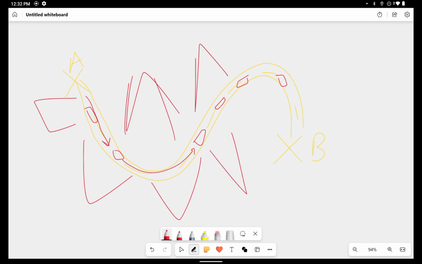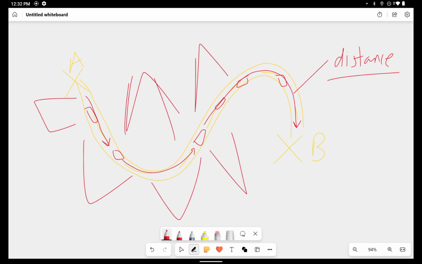This will be defined as the car's distance. The distance from A to B that the car travels, all the path that it travels, will be its distance.